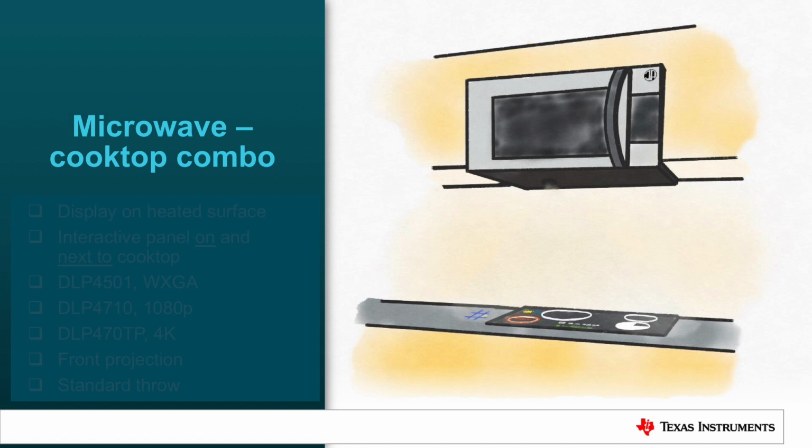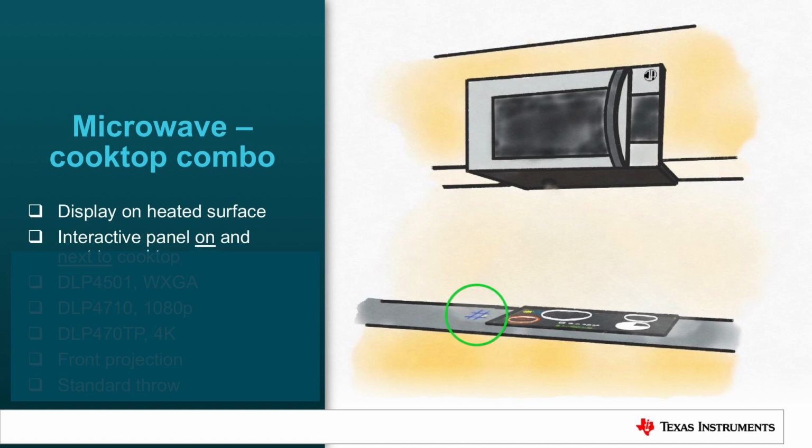For this case, the projection optics come from the microwave itself, under the microwave, and they're projected onto the surface of the cooktop. In this case, the display can cover the heated surface. You can also have the display on the side of the cooktop to have an interactive panel.